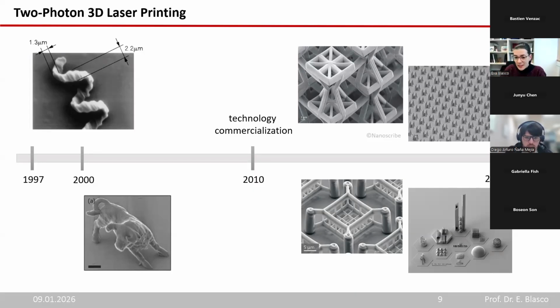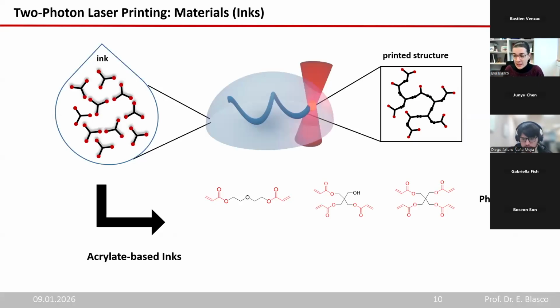I'm a chemist by training, so what we have been doing recently in my group is to use this technology and expand the library of materials. And as you have seen, there is also a wide variety of applications, so we also need to match the materials. If we focus on the fundamentals, what do we need?